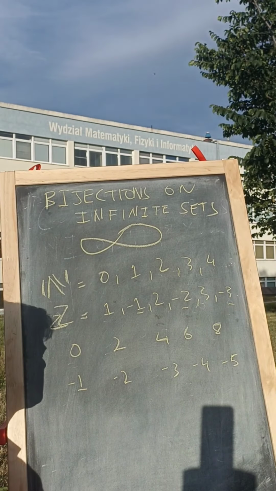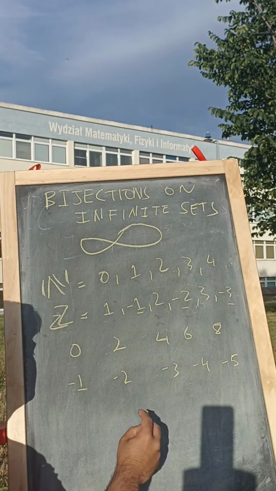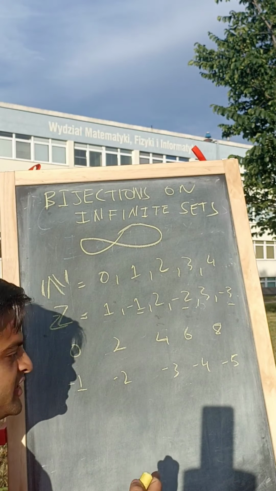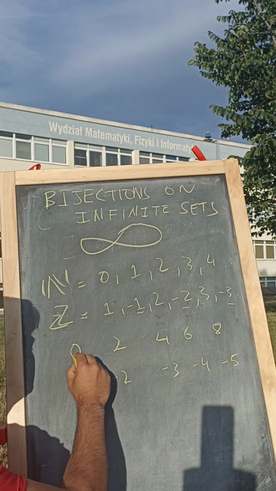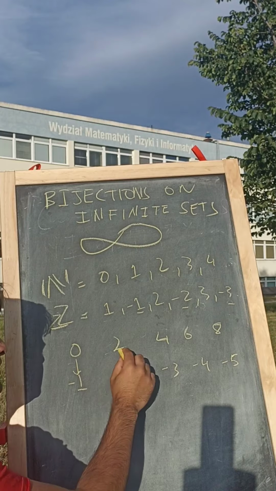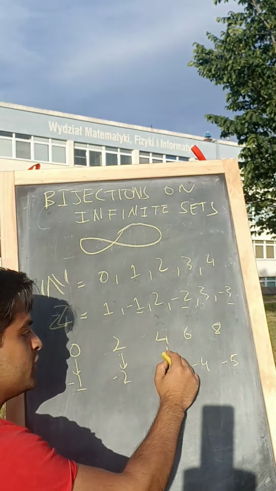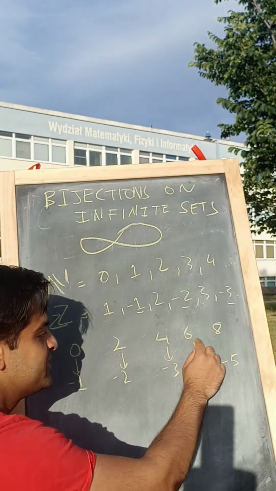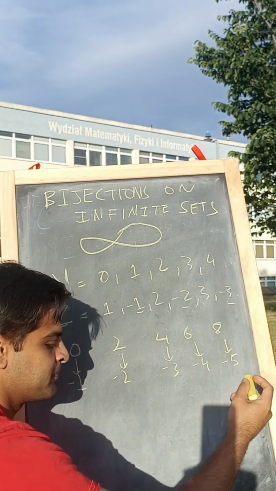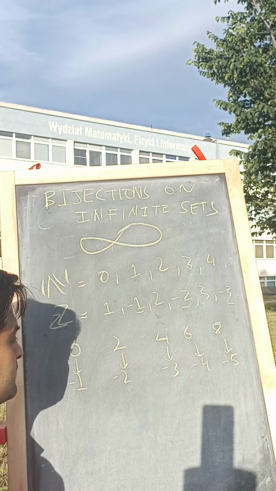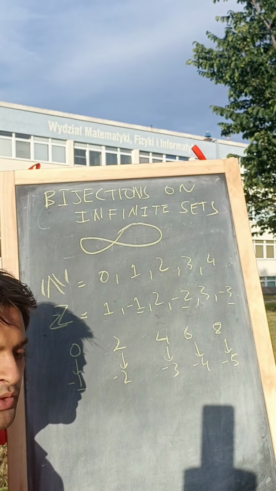What I can now do is take each even natural number and map it onto a negative integer. So I map 0 onto minus 1, 2 onto minus 2, 4 onto minus 3, and so on and so forth.